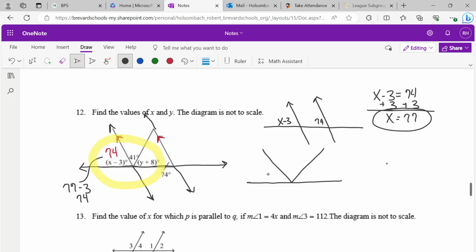With this angle being 74, this angle in the middle being 41, and this angle being y plus 8.